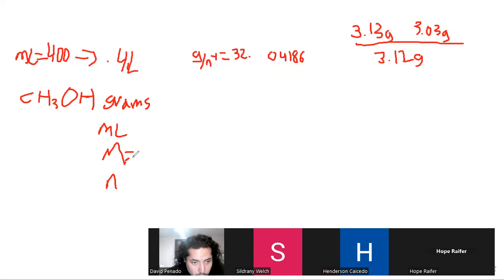We don't have the mole. So it's 400, and we turn it into liters, so it's 0.4. And the formula for grams is mole times GAW, or the G mole.